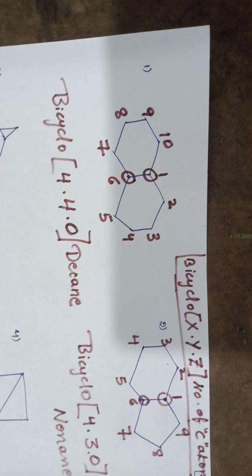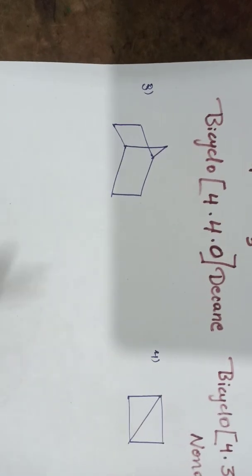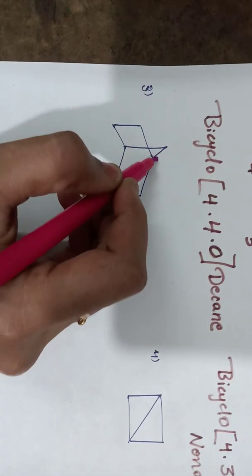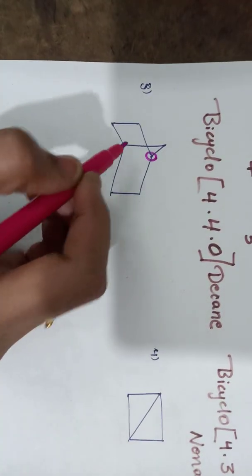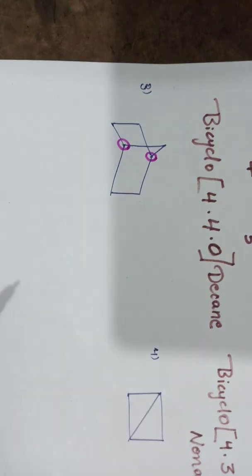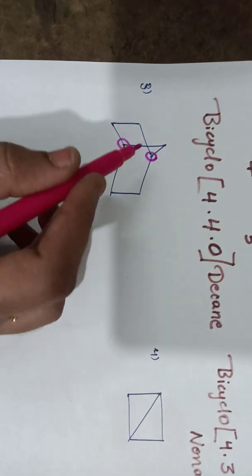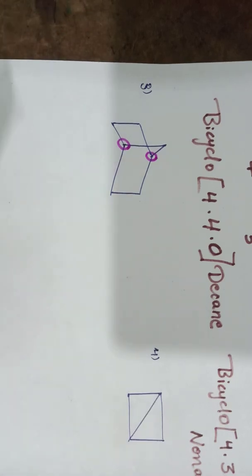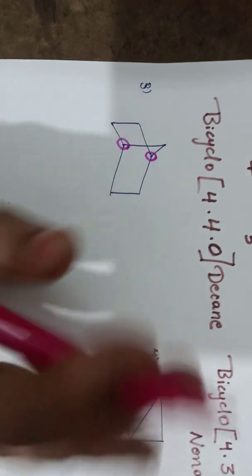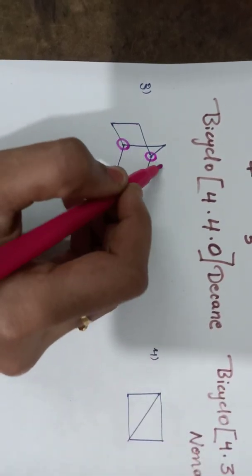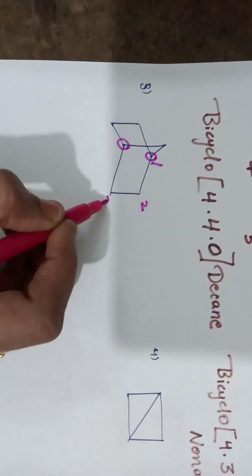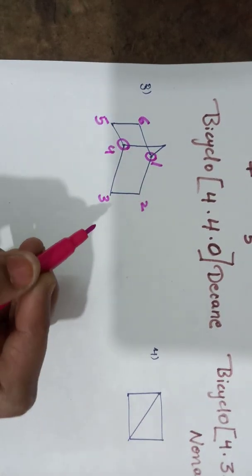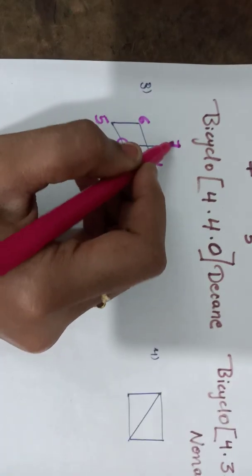Now I am taking some other examples. See here, it is like this. We have already known that this one is one bridgehead carbon, this is another bridgehead carbon. If you find it is difficult in this manner, you can convert it into simple manner like I taught you before. Or otherwise you can write like this only: 1, 2, 3, 4, 5, 6, and the other preference gives to 7.